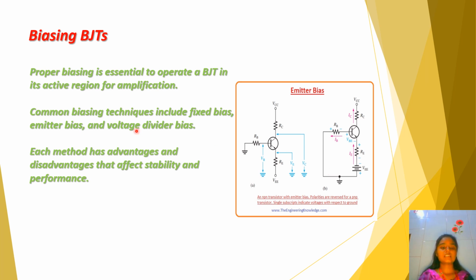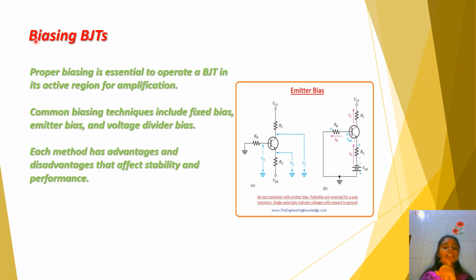Biasing BJTs. Proper biasing is essential to operate a BJT in the active region for amplification. Common biasing techniques include fixed bias, emitter bias, and voltage divider bias. Each method has advantages and disadvantages that affect stability and performance.